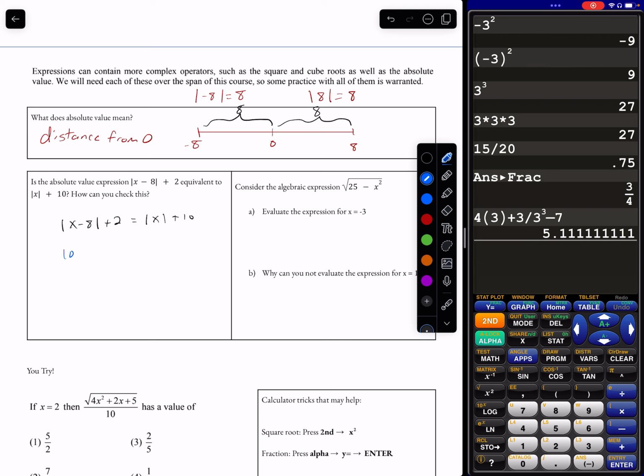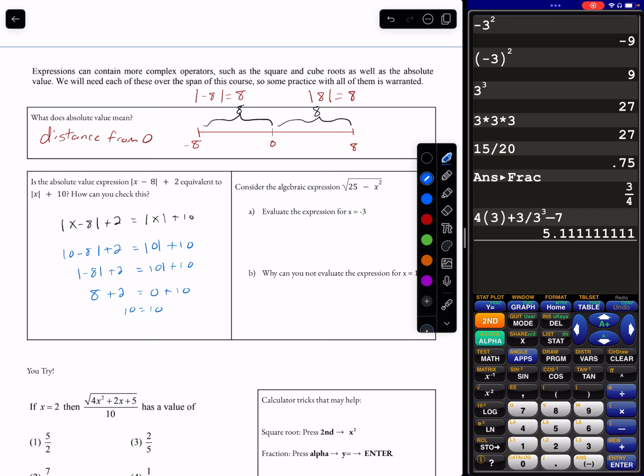If I do the absolute value of 0 minus 8, plus 2, is it the same as the absolute value of 0 plus 10? So I've got 8 plus 2 equals 0 plus 10. Is 10 equal to 10? Yeah, in this case, it absolutely works.